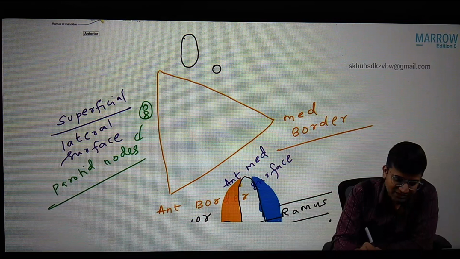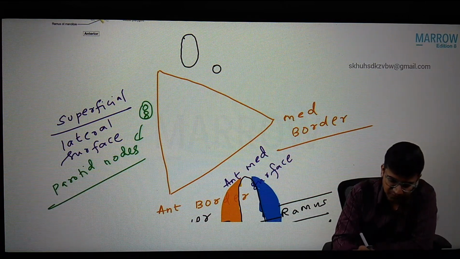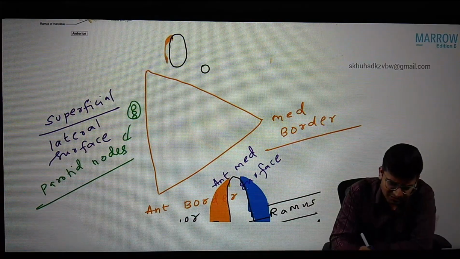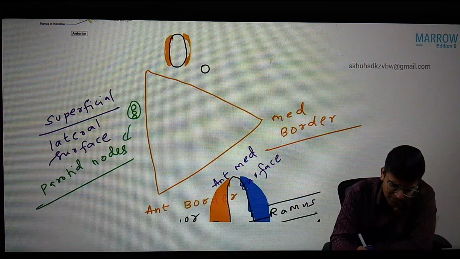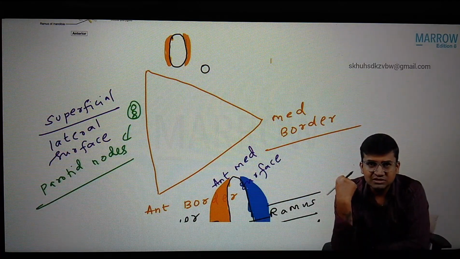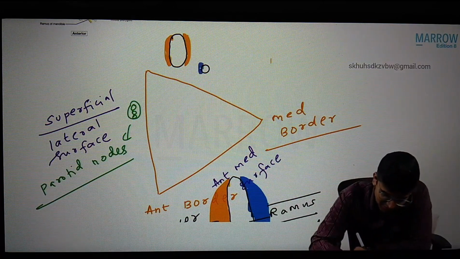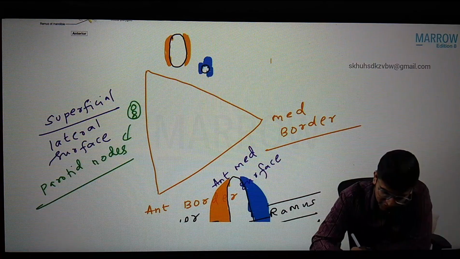The mastoid process gives attachment to two muscles. What are those? Posterior belly of digastric and sternocleidomastoid muscle. And the styloid process gives attachment to three muscles, 1, 2 and 3. What are those?